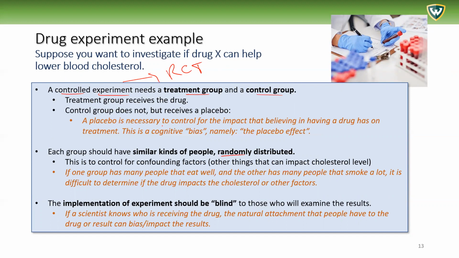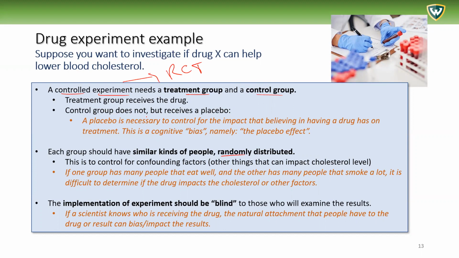Why? A placebo is necessary to control for the impact that believing in having a drug has on the treatment. This is a cognitive bias, namely the placebo effect. So if we don't give the control group anything, they're going to know they didn't receive the drug. That itself will impact the effect of the drug, which is kind of an amazing thing if you think about it.